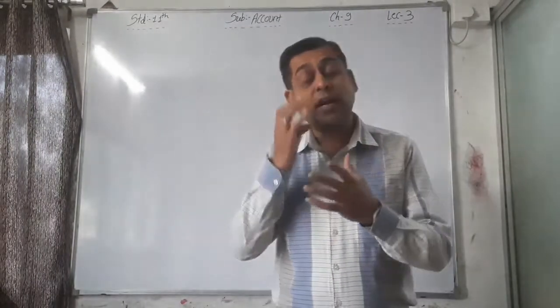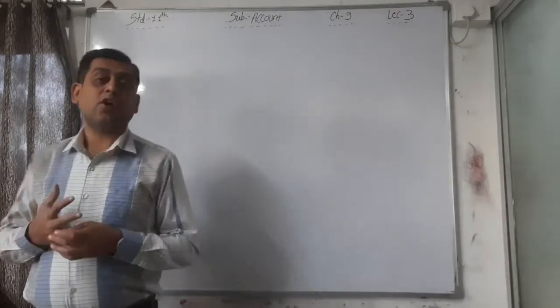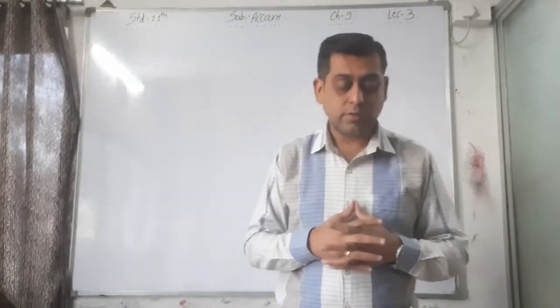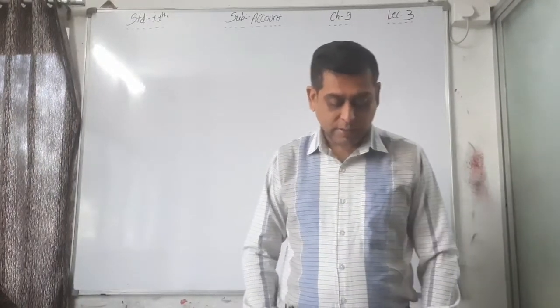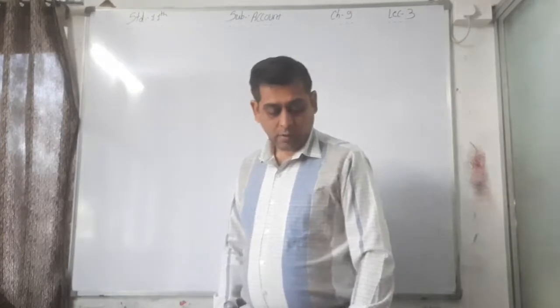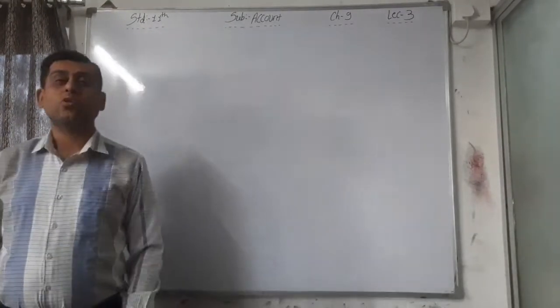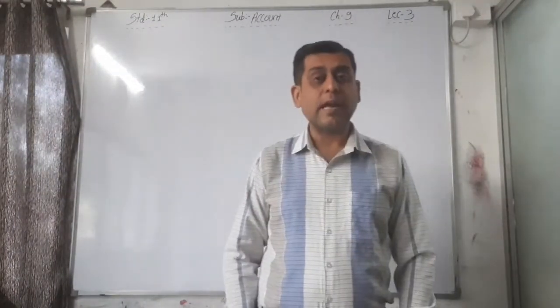Now please write down in your fair book the first journal entry of illustration number 2. First of all, draw the format of journal entries in the books of Kavish: date, particulars, LF, debit, credit.